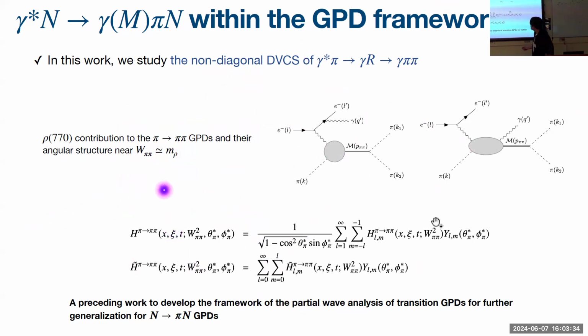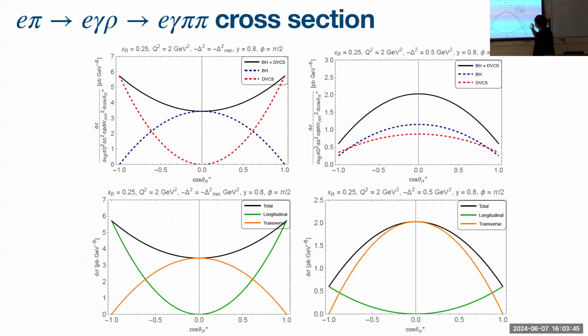We were able to find the proper rules for a partial wave expansion of these pi to 2 pi GPDs. With some phenomenological models, we were able to estimate the cross section for this pi to 2 pi non-diagonal process. Of course, in principle, we have to access this process through a Sullivan type of process. Here you can see each contribution from the Bethe-Heitler and DVCS processes at different values of momentum transfer.